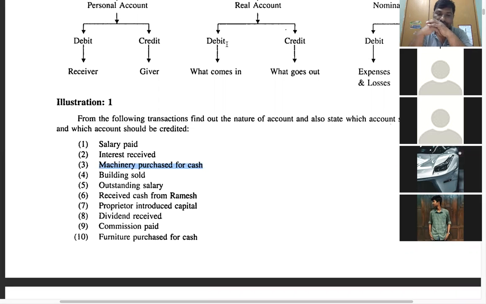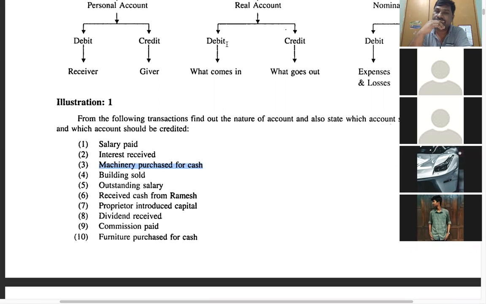Proprietor introduced capital. Sir, capital account and cash account. Very good. Two aspects. Which account is debited and which account is credited?